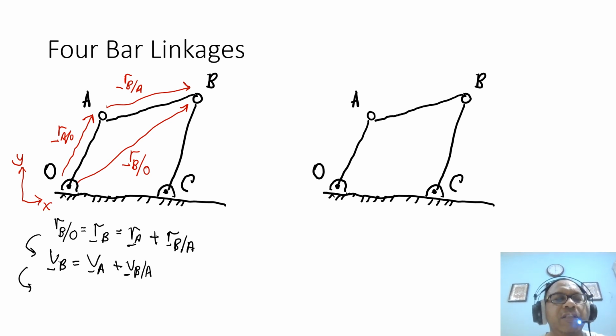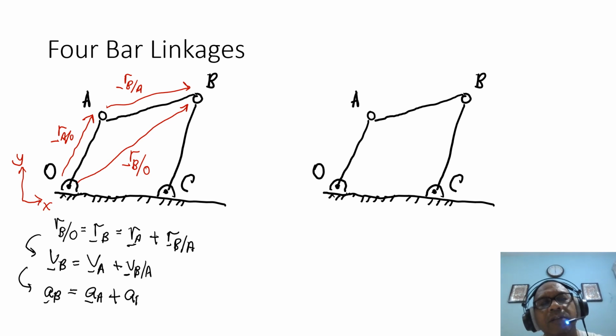The second step is to get the acceleration equation: AB equals acceleration A plus the relative acceleration B to A.